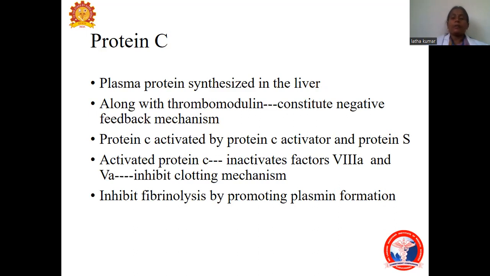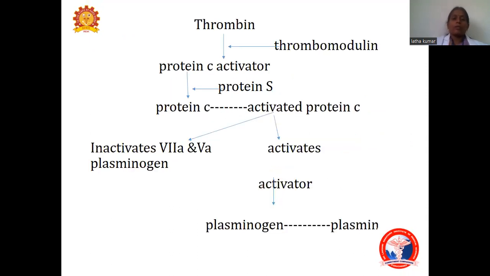Protein C is activated by protein C activator and protein S. After activation, the activated protein C inactivates the clotting factors, mainly 8 and 5, so that it inhibits the clotting mechanism. It also inhibits the fibrinolysis by promoting the plasmin formation. So thrombin is converted into protein C activator.